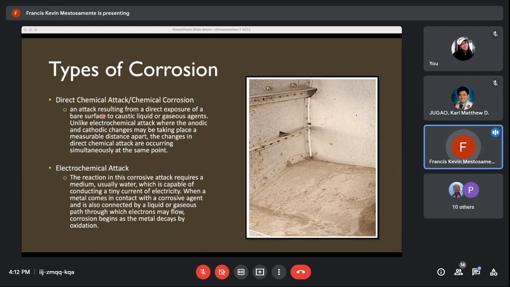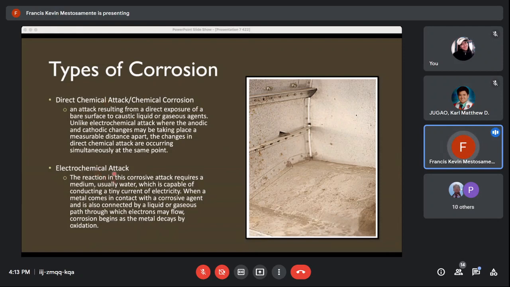However, in direct chemical attack, from the word itself, self-explanatory, we have a direct chemical in the process. And in this type of corrosion, the process is expedited. It's faster. So on the spot, the corrosion will occur and the metal will be eaten.